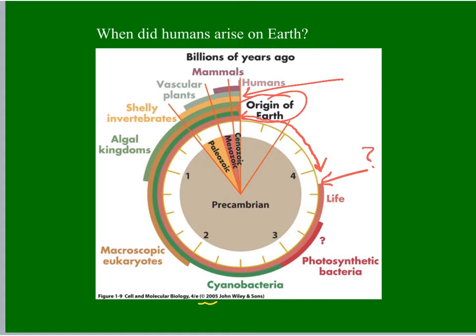So life, whatever that was, evolved until, right, we get to bacteria, and different kinds of bacteria evolve, cyanobacteria, photosynthetic bacteria. We go through here, right, and you see, so all of this is the development and evolution of prokaryotes.